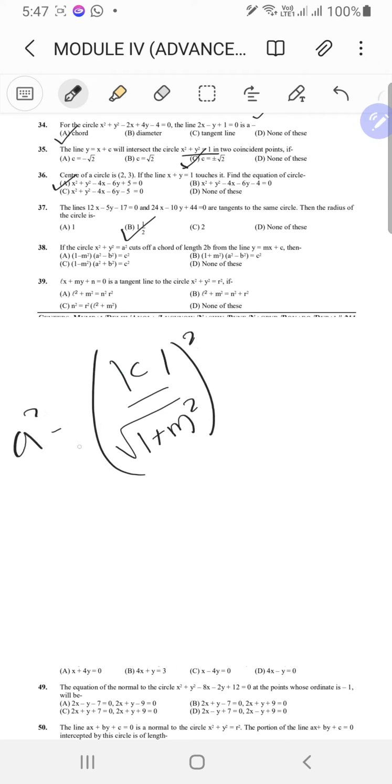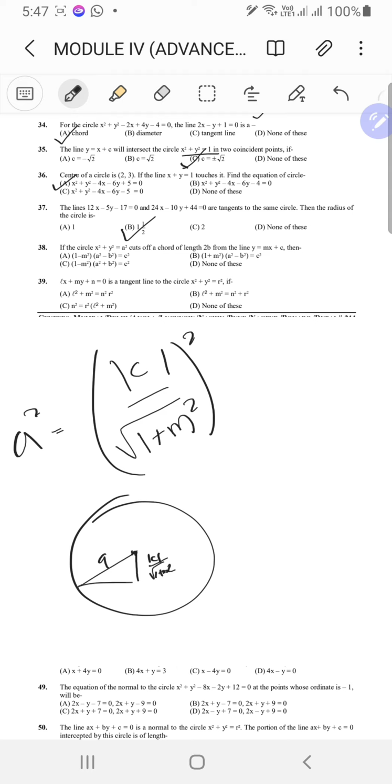So a squared minus this thing squared. So just draw this actually, a, and this thing is mod c upon square root of 1 plus m squared. That should be this length, which is b, right? So this minus that has to be b squared, right?